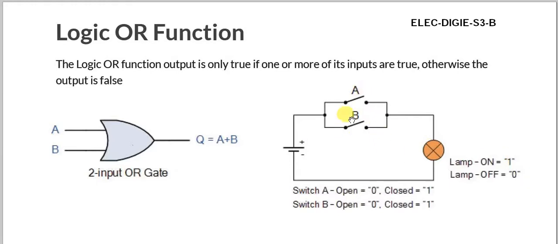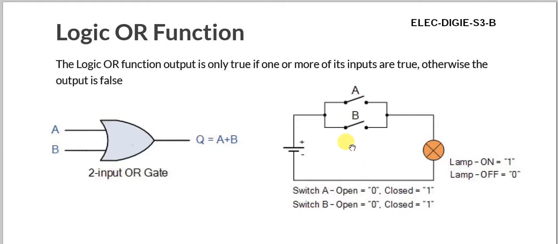Even though B is off, output is equal to 1. Similarly, if any one or all of the input switches are on, the bulb will be on. That is the logic OR gate operation.